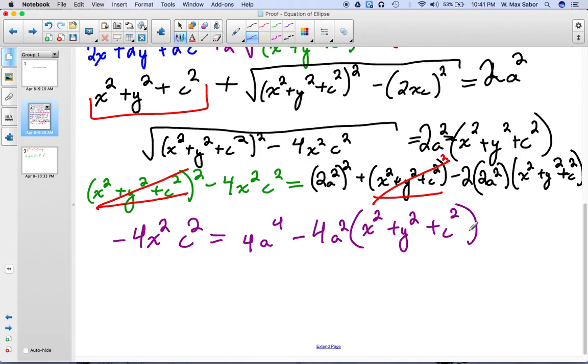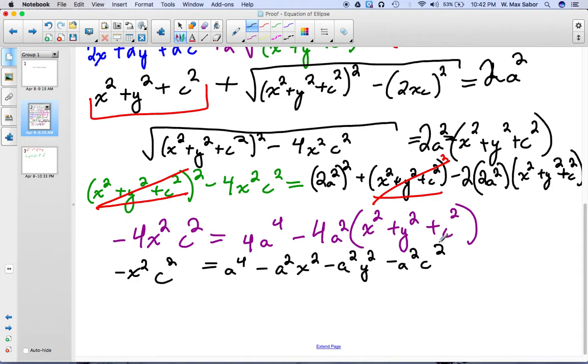If we divide out the 4, we can get negative x squared c squared equals a to the fourth minus a squared x squared minus a squared y squared minus a squared c squared.